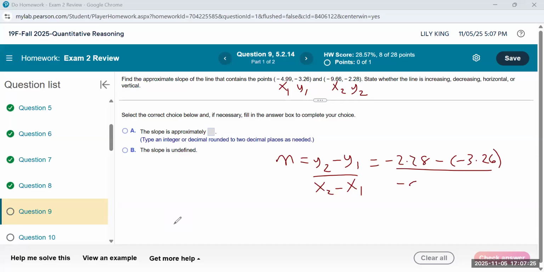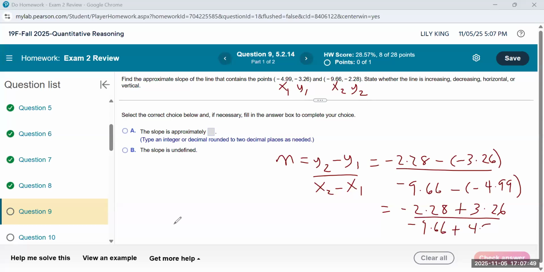And we have -9.66 minus 4.99. So -2.28, negative will be positive. If you multiply negative by negative, that becomes positive. So this part is plus 3.26, -9.66 plus 4.99.